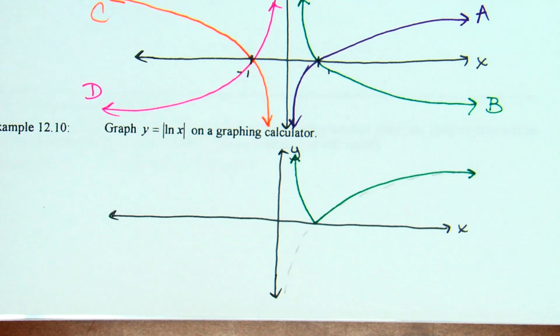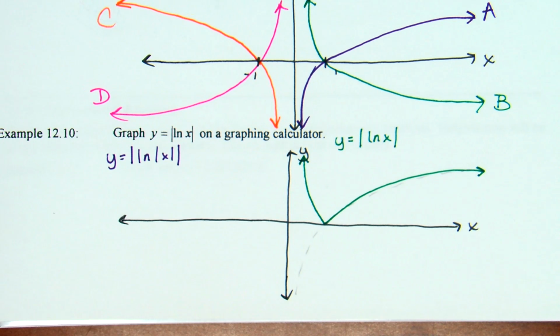While we're here, what changes on your calculator if you do the absolute value of natural log of the absolute value of x? So if you use 2 absolute values in there. In other words, there's absolute value around the natural log, and there's absolute values around the x. What changes? Yeah, I'm going to punch this in wrong, but it looks like it does the same thing on the other side of the line.